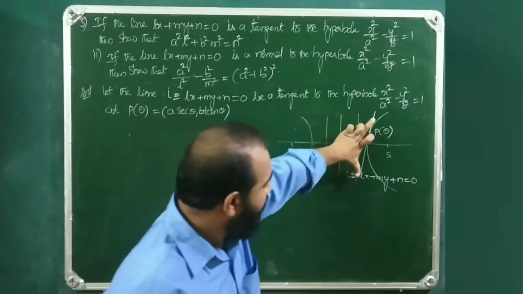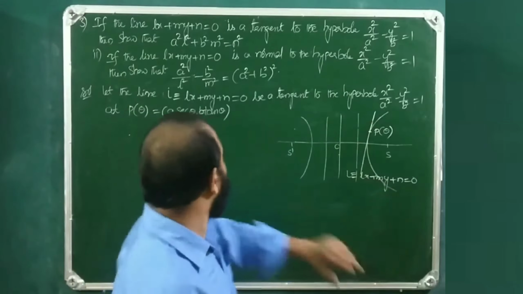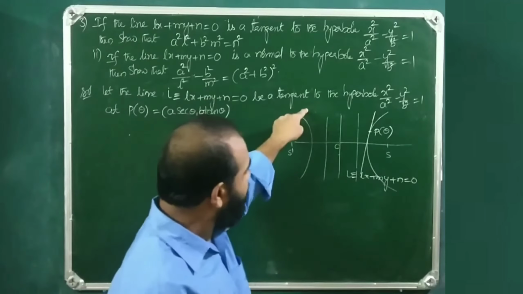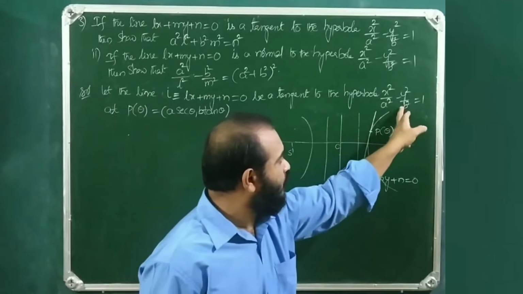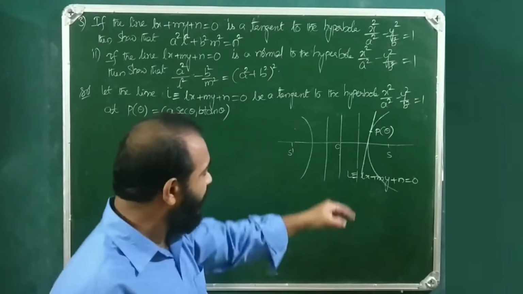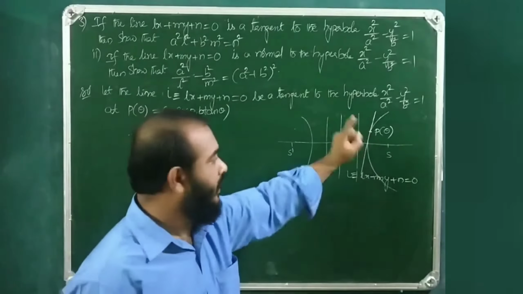Let the line Lx plus My plus N equals 0 be a tangent to the hyperbola x square by a square minus y square by b square equals 1 at the parametric point.